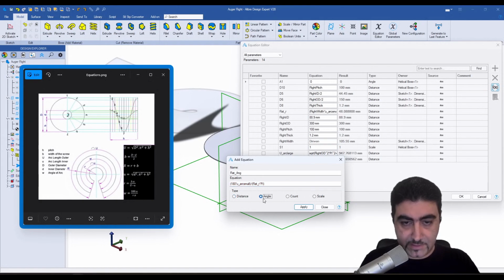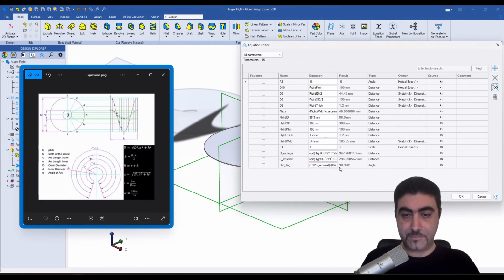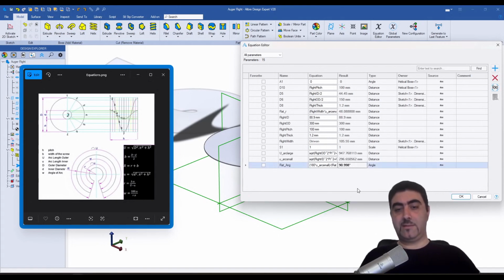This is an angle. Yeah, wouldn't work as a distance, but it does work as an angle. Hit apply, and we get.